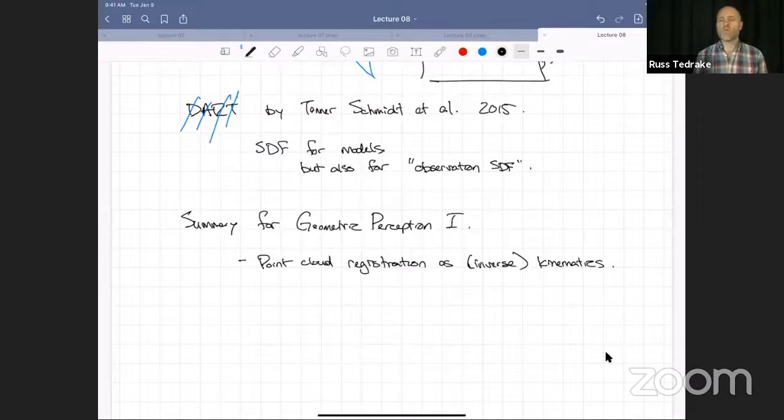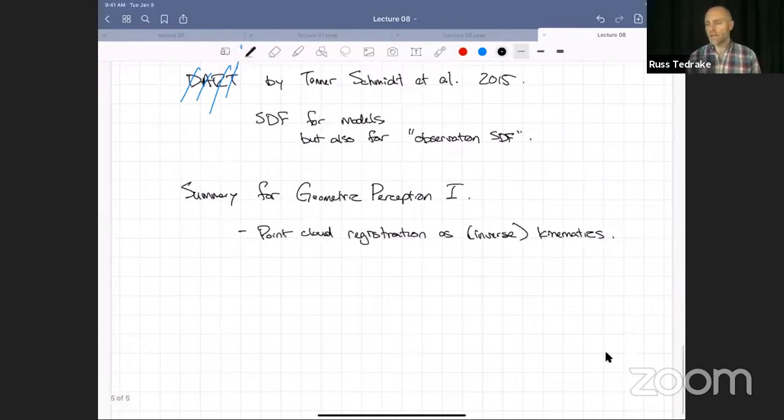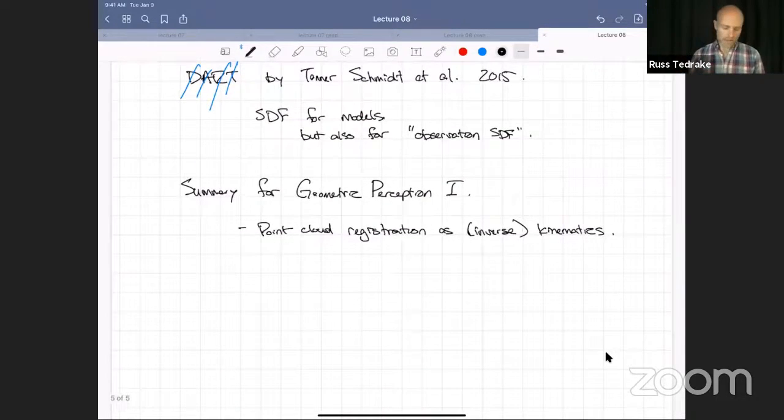And we're actually going to go back and do more inverse kinematics on the robot next week, building again on some of the stuff we did here, but in the context of motion planning.